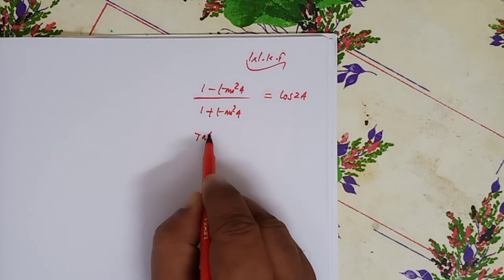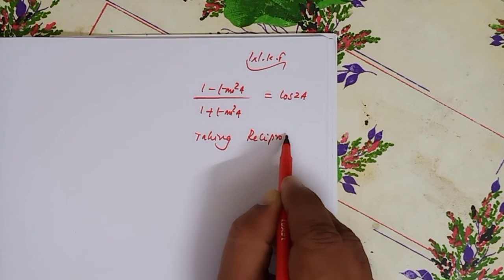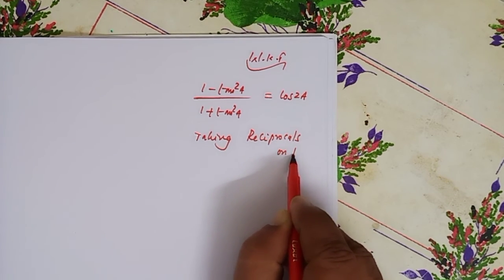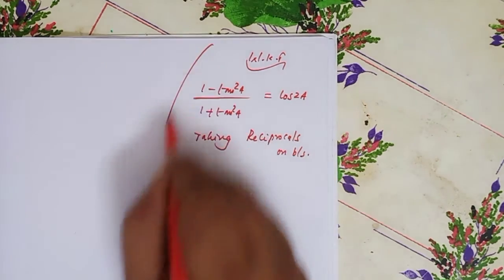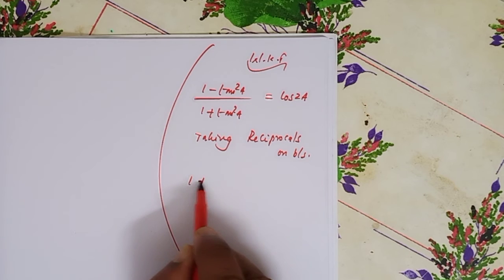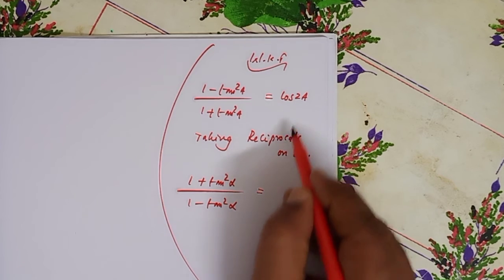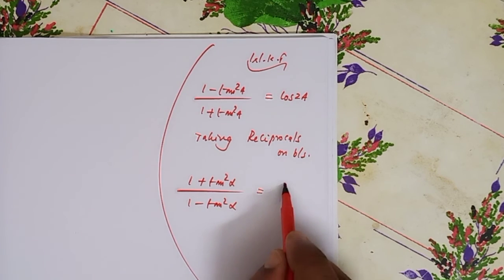Taking reciprocals on both sides, the reciprocal of the left hand side is (1 + tan² a)/(1 − tan² a), which equals 1 by cos 2a.